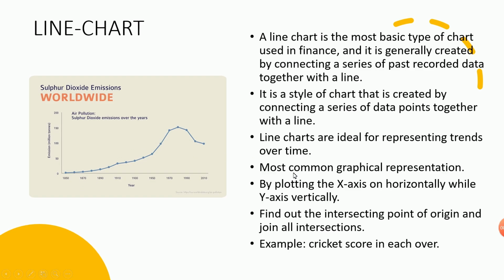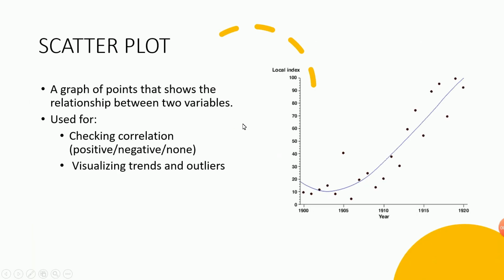So this is the most common graphical representation. The examples they have given here are cricket score in each over, and air pollution over the years. So in 1850 how much it was, like that they are calculating through the years. So this is the line chart.